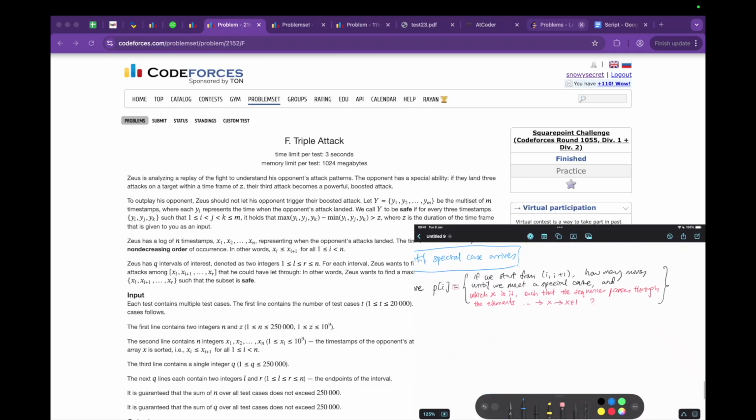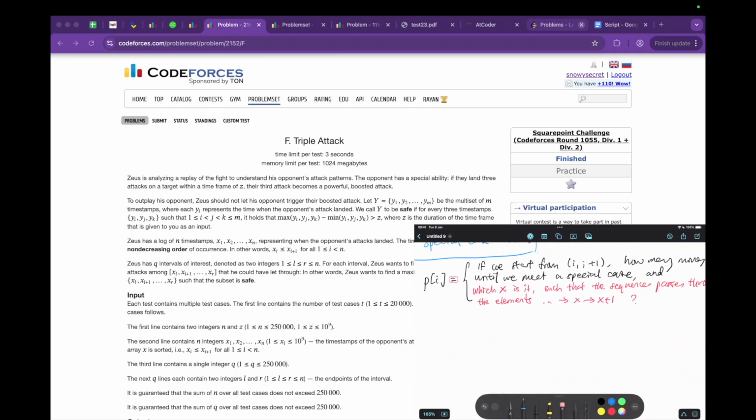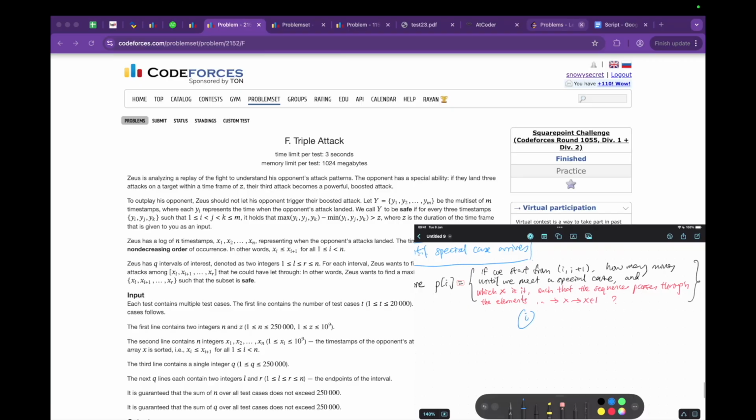So in this case, what we're going to do is go from I to x. It's kind of like a fast forward process. So obviously, this would store an information in the form, how many moves has passed before I could go from I plus 1 to x plus 1.